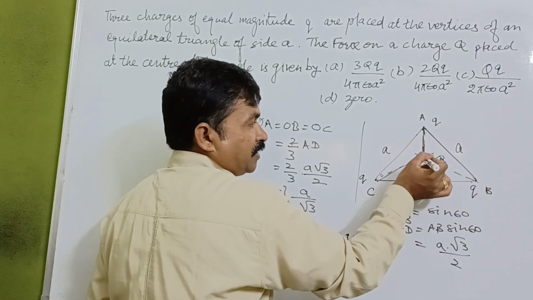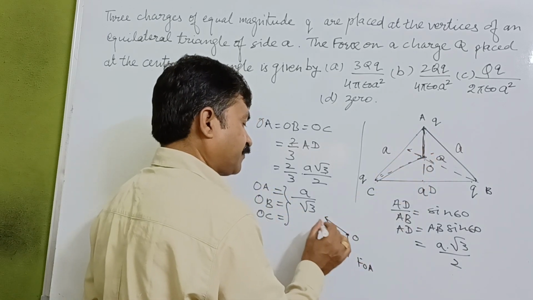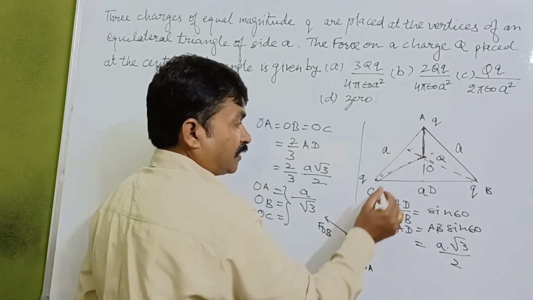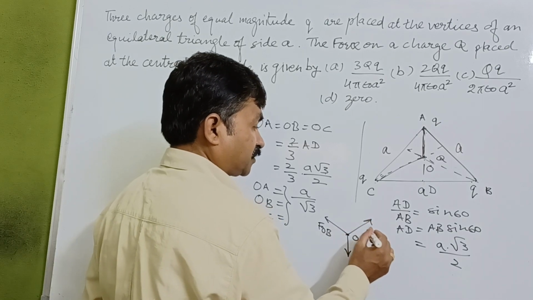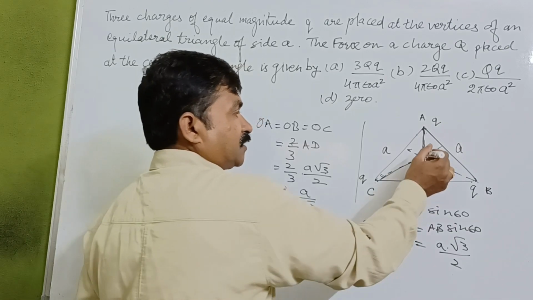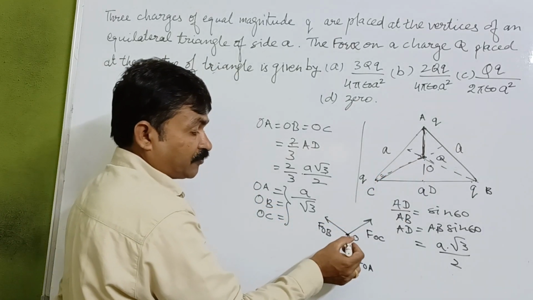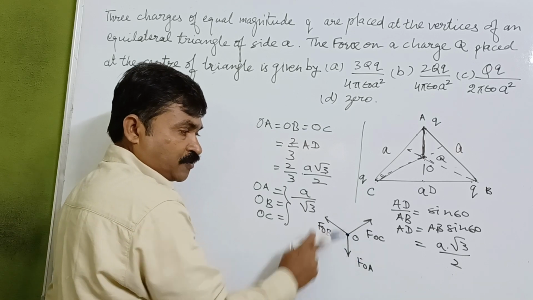The force because of B is also acting in this direction, so we can call it F_OB. Similarly, the force because of C is also repulsive and acts in this direction, F_OC. So there are three forces acting at the center, and the nature of these forces is repulsive.